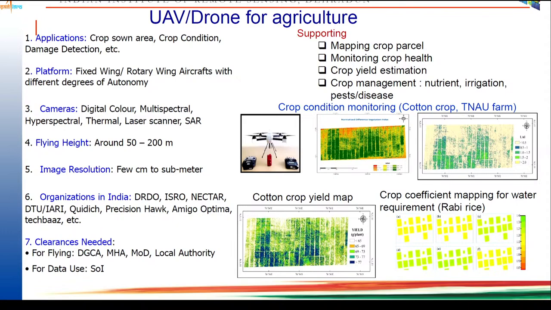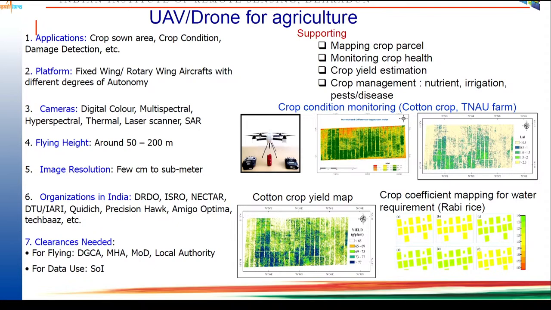Because it has the ability to map land records, it has the ability to monitor crop condition, soil properties, nutritional deficiency, pest and disease, irrigation, and also management, means spraying of insecticide, pesticide, and fertilizer, all can be done with the drone. One is mapping, monitoring, and assessing the crop and soil variability within the farm, as well as spraying of different crop inputs.